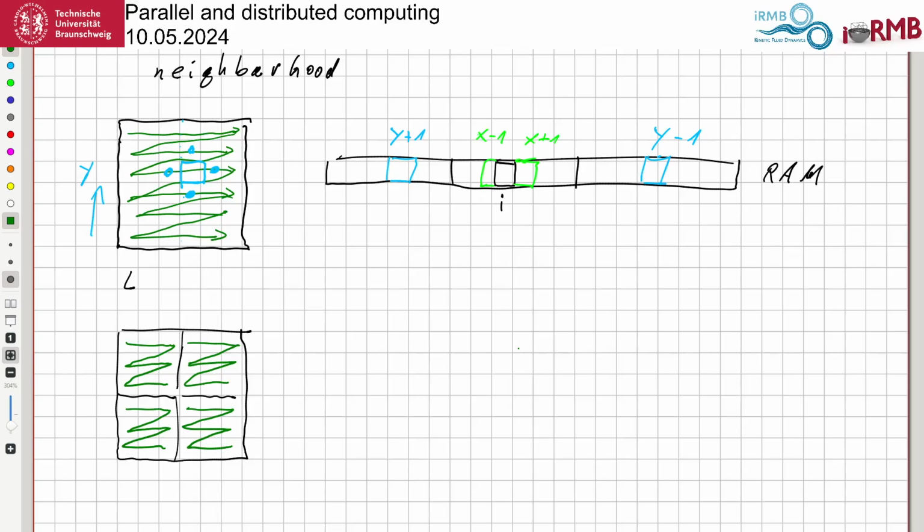So compared to the above, this would mean an improved locality in y direction.